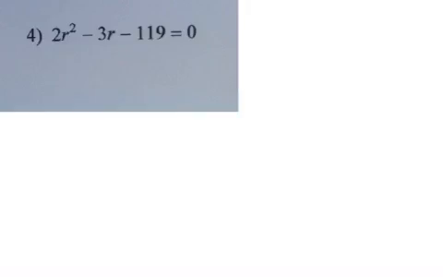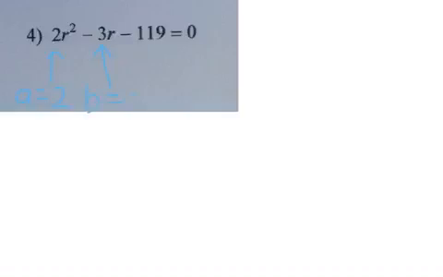Okay, take a look at this problem right here. And the first thing I need you to understand is that the coefficient right there of the squared term is our a. So we know a equals 2. And the coefficient of the regular variable there, x to the 1 in this case, is our b.